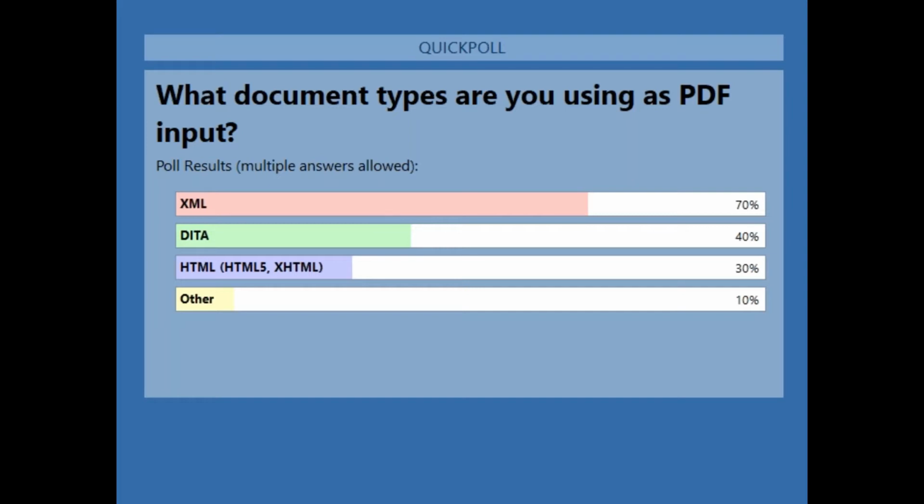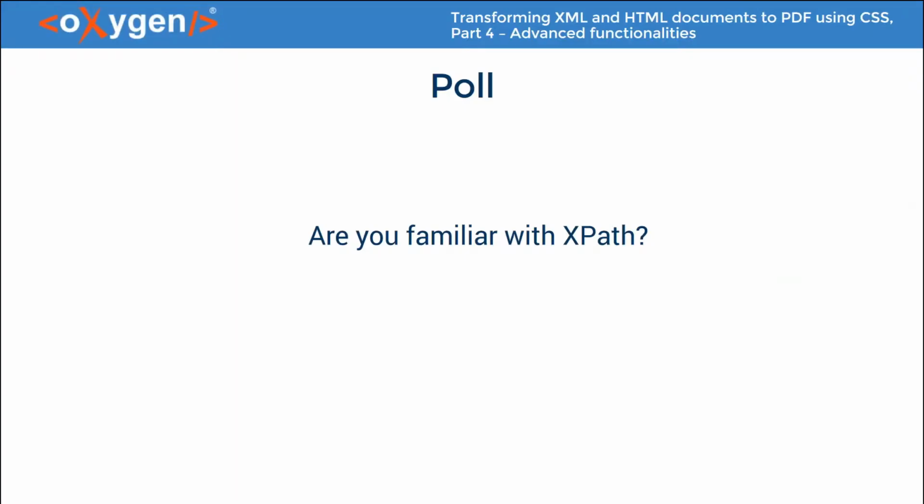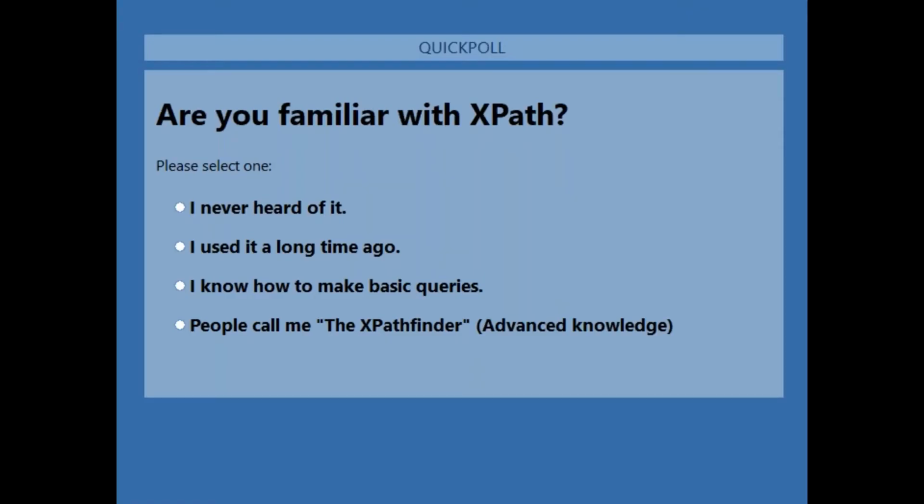And for the HTML part, this can be used too, as you will see that my examples are in HTML, but they work also for the XML part. And finally, the last question for today: have you ever used XPath?